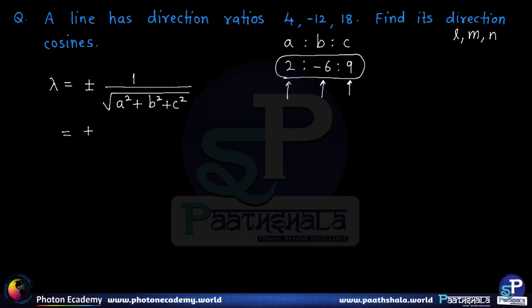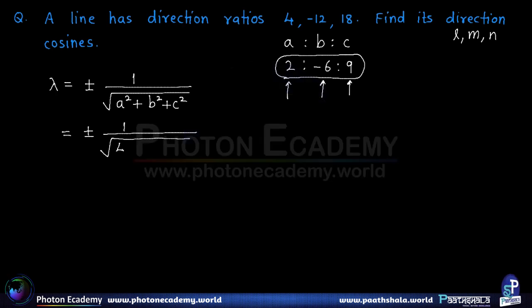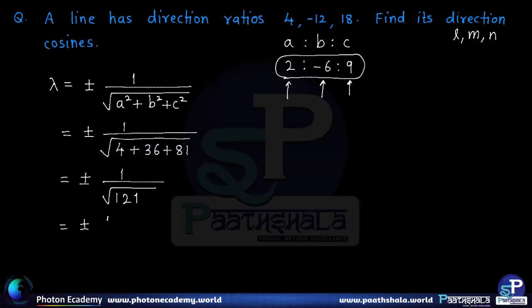So therefore lambda is equal to plus or minus 1 upon root of 2 square is 4, plus minus 6 square is 36 and 9 square is 81. So therefore the sum turns out to be 121, and therefore we get the final value of lambda as 1 upon 11, right, plus or minus.